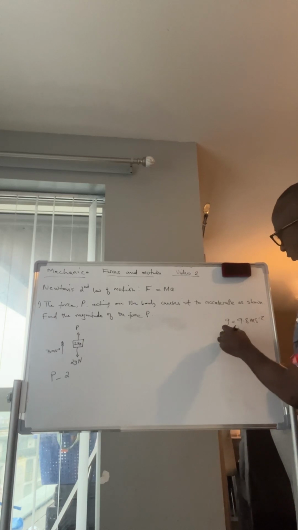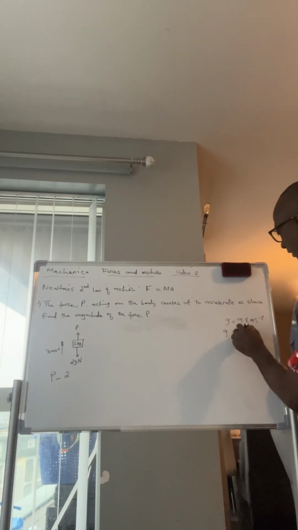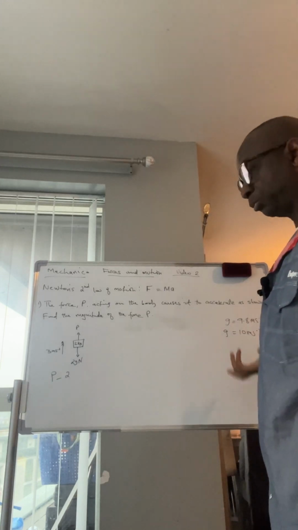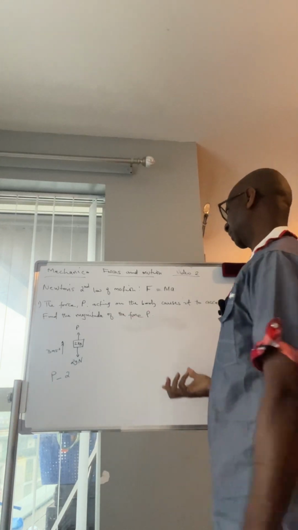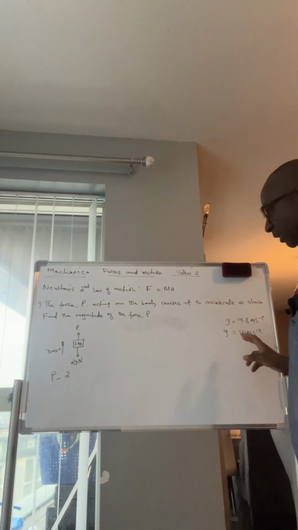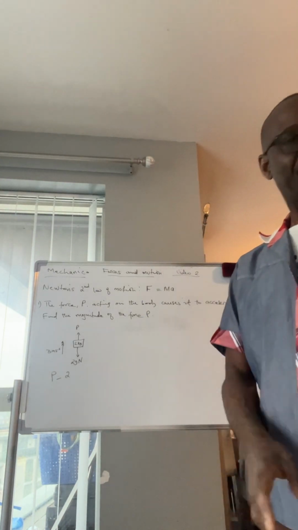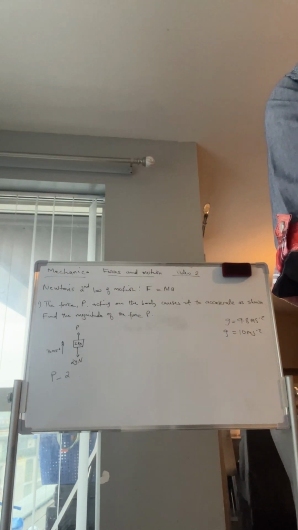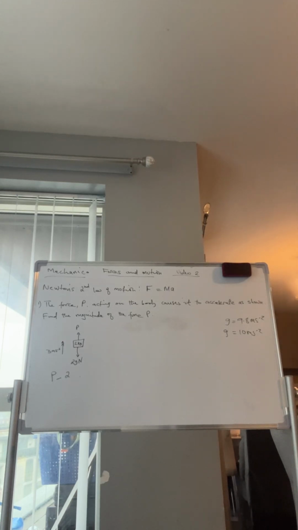Some books say g is equal to 10 meters per second squared. So it depends which book you are using, or what the question asks you to use. But mostly the book we are using is Edexcel Statistics and Mechanics, Edexcel AS and A-level mathematics.